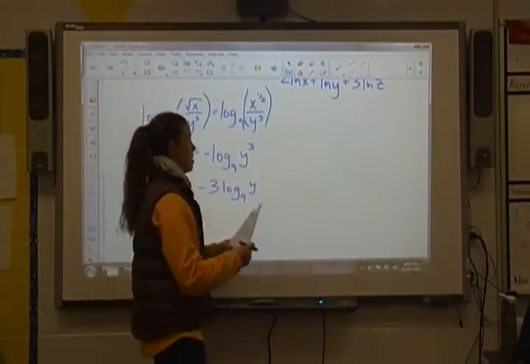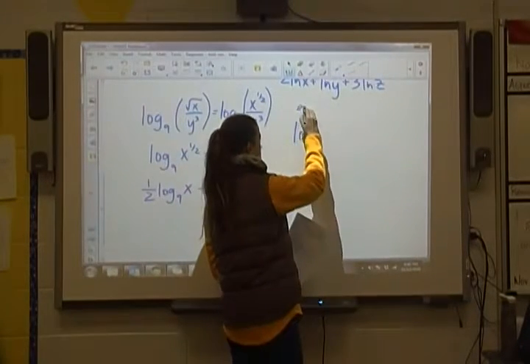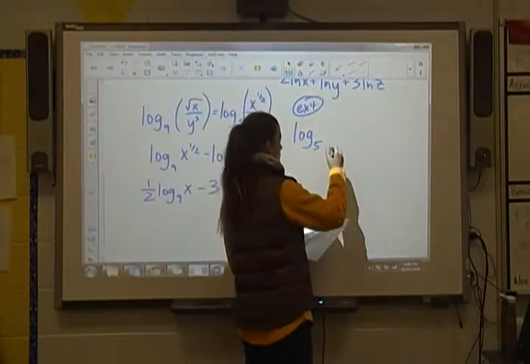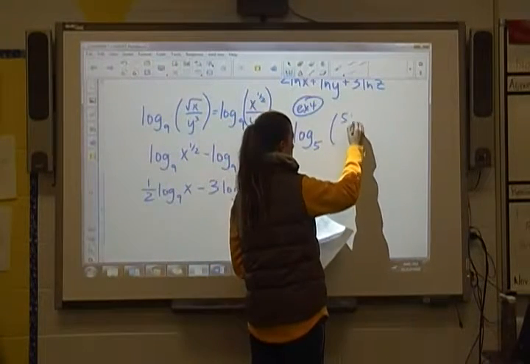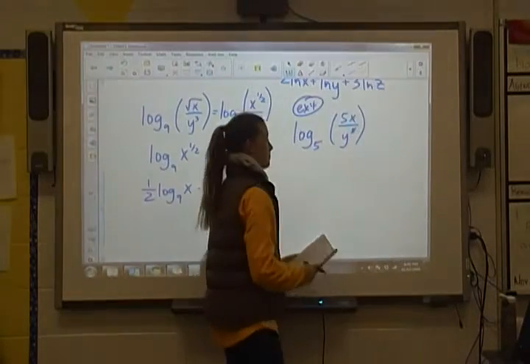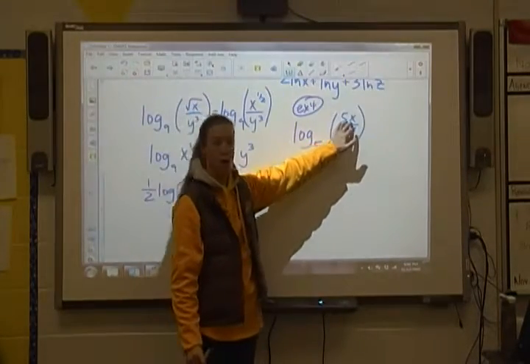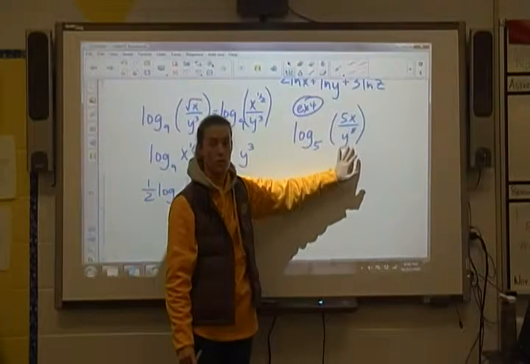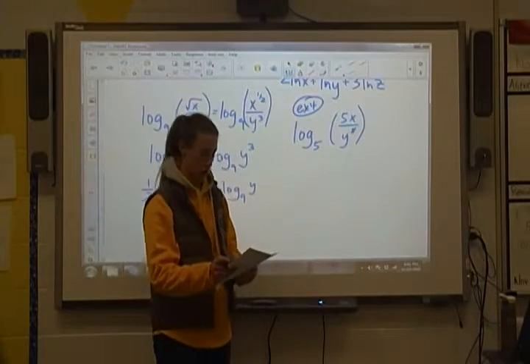And the next one I'm going to do, example 4, log base 5 of 5x over y to the 8th. Now we've got a couple things going on here. We have addition and subtraction, because addition for the multiplication piece and subtraction for that division.